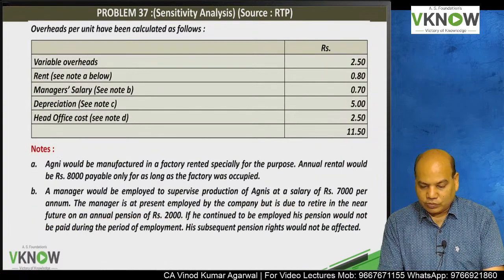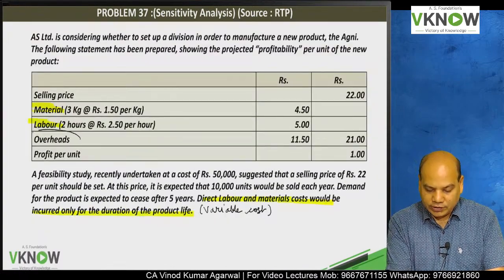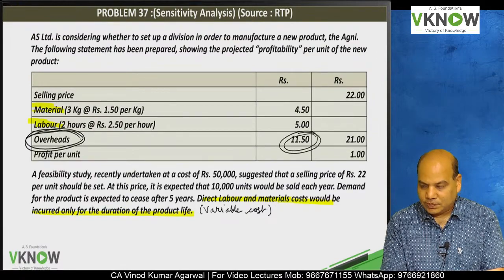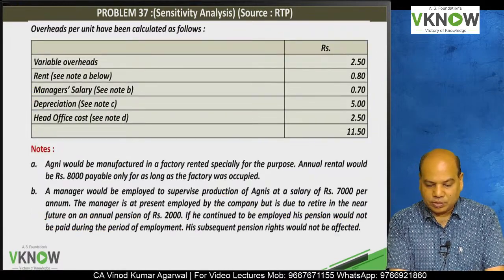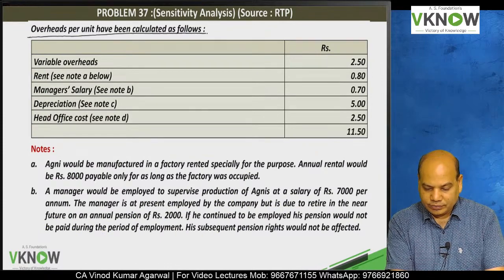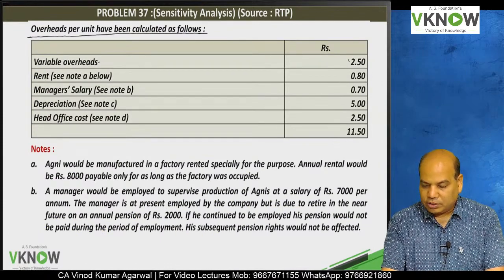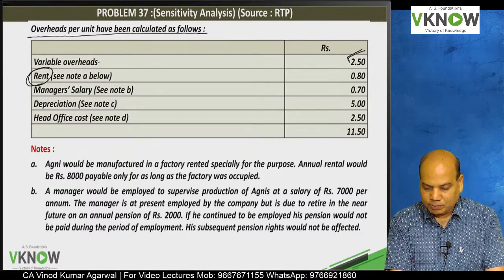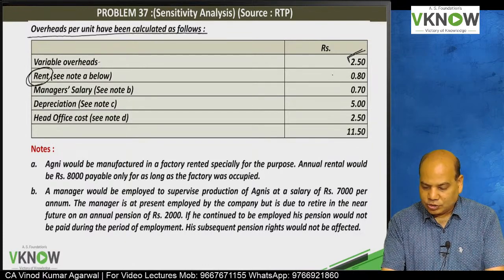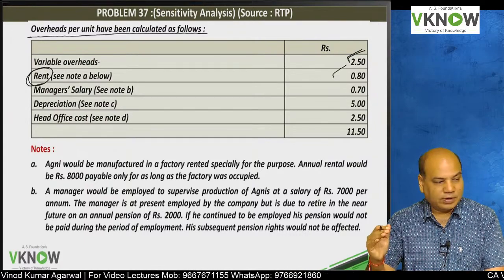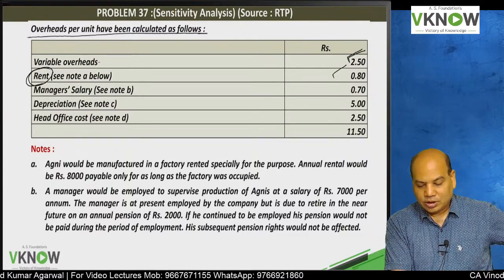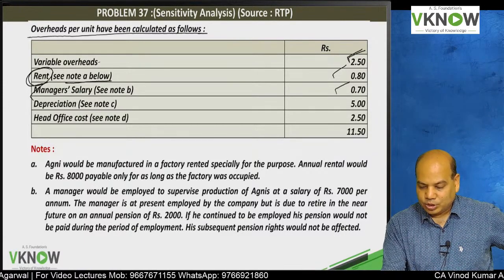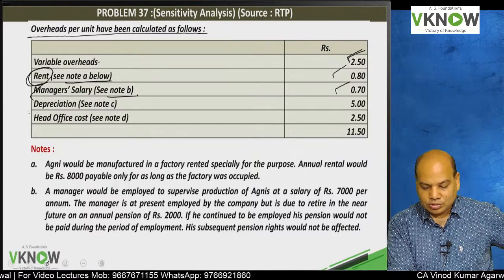And what about the overheads? You see, overhead is given here in the first table, overhead 11.50. They have given you the breakup of that overhead per unit. It includes variable overhead 2.50, rent per unit. This is all per unit. They have divided by 10,000 units, and there is a note A below. Manager salary 0.70, note B below.